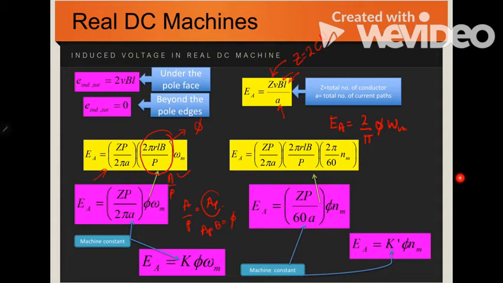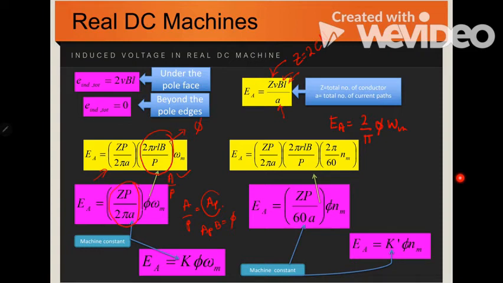So previously for a single coil, we had the term as 2 over pi, but for real machines, we have multiple coils and the number of conductors inside the rotor is different, and you have more than one single coil, or more than 2 conductors in one single coil.